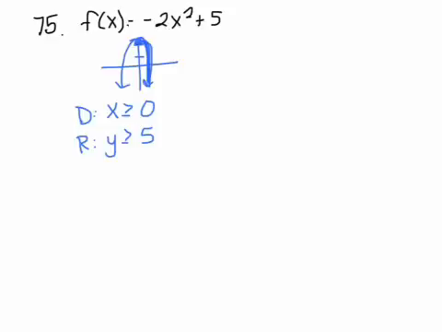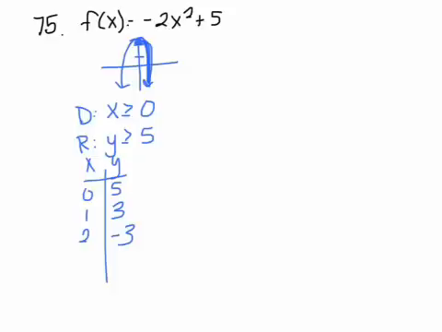If I was to make a table of values, I would go 0, 1, 2, and so on. If I plugged in a 0 here, I would get a 5. If I plugged in a 1, I would get -2 plus 5, which is 3. And then I would get -3 here.